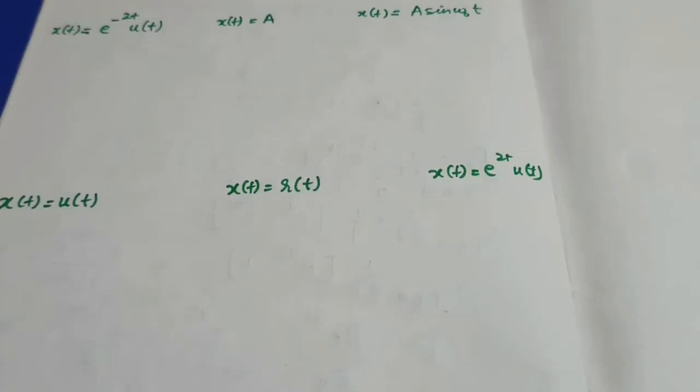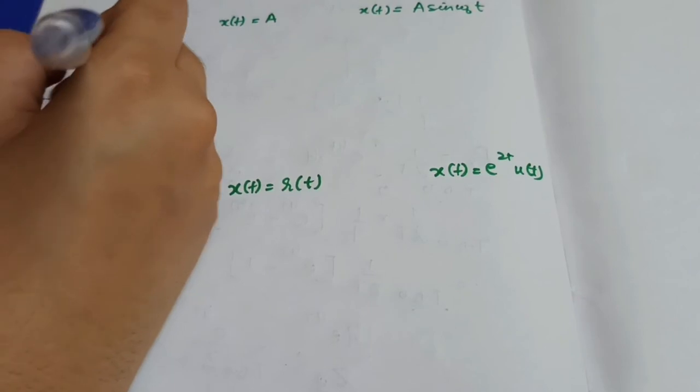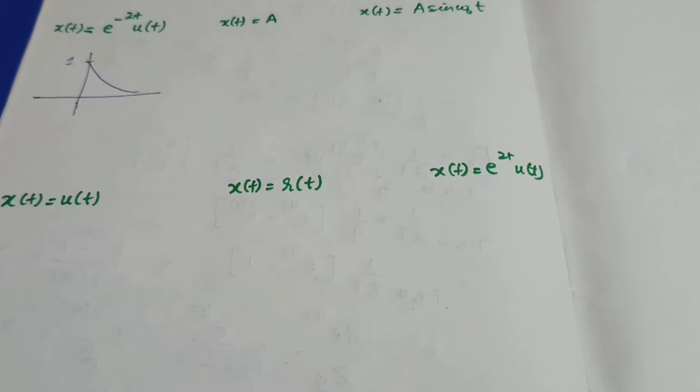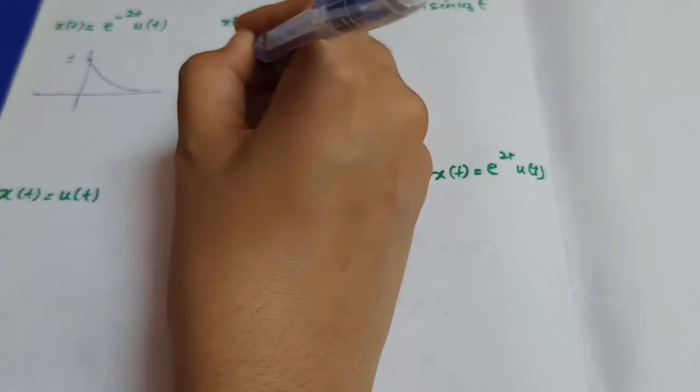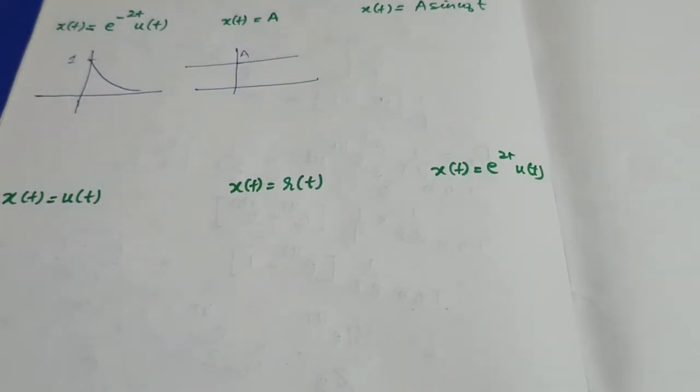Now let's discuss these 6 signals, and this will clarify your result. So let's plot the graph for these signals. It is a negative exponential signal or decreasing exponential signal, right? I'm just drawing roughly. So it's something like this, negative exponential, decreasing exponential. Then a DC signal, which means the value of A is constant.